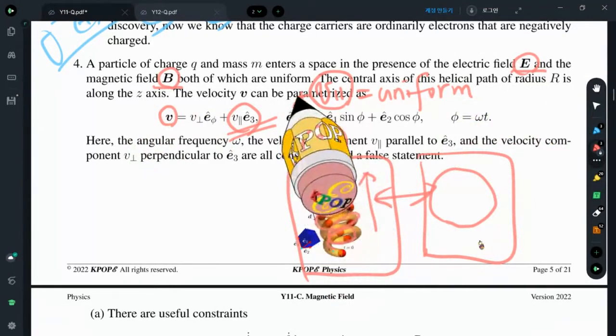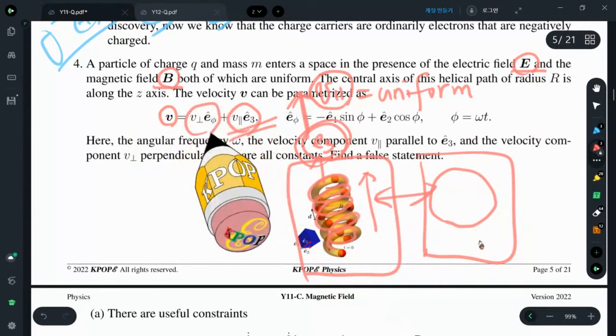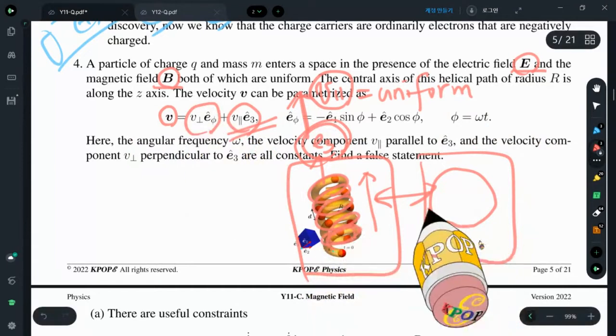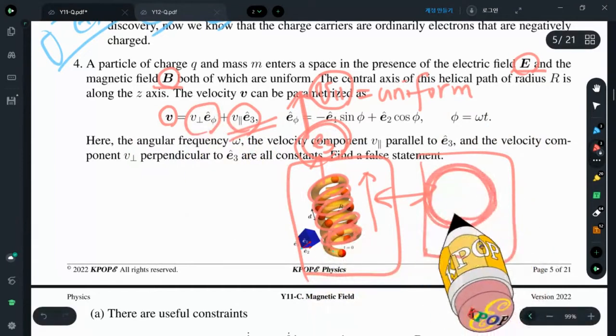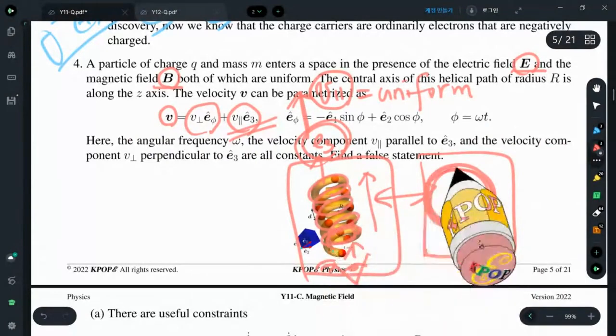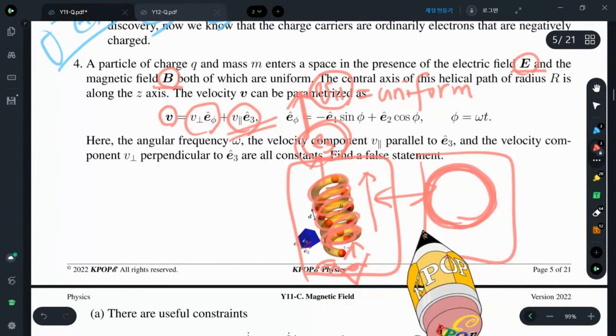So there is a constant motion along the z-axis, but on the XY plane, we can see it is circulating. It is making a circular motion. If you put your eye on this side, then it is a circular motion.